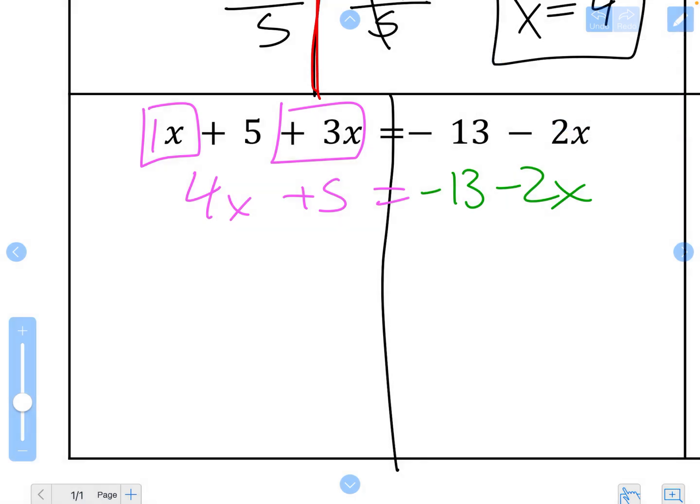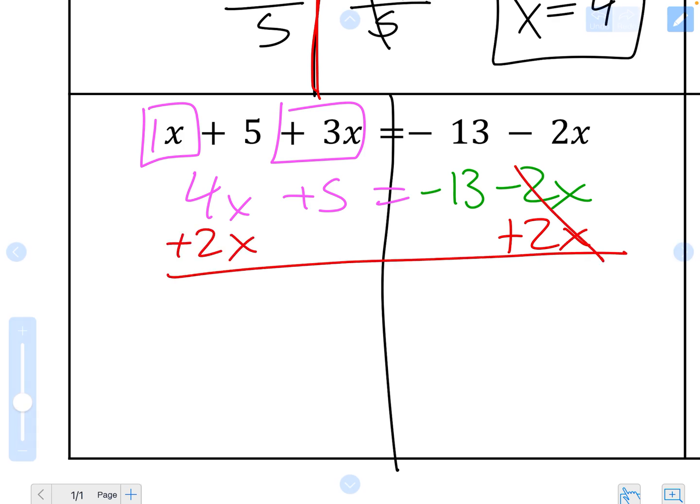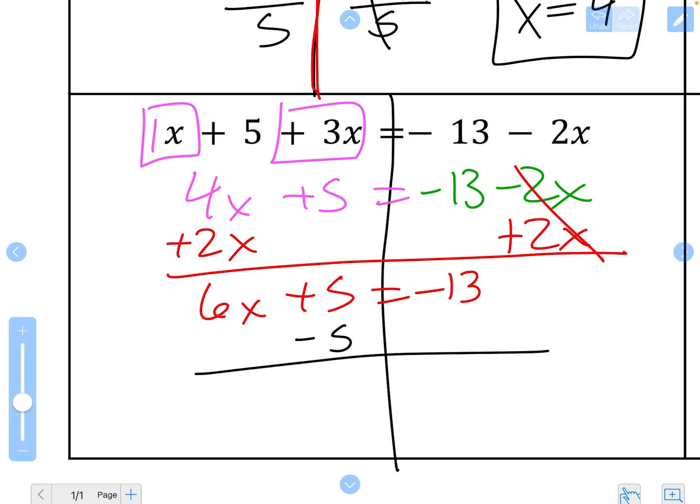So now, again, I need to bring all of my x's to one side. So I'm going to switch the sign of my 2x. What I do to one side, I do to the other. 4 plus 2 is 6x plus 5, and then I'm going to bring down my negative 13. So here I need to move my constants to the same side, so I'm going to flip the sign of my constant.